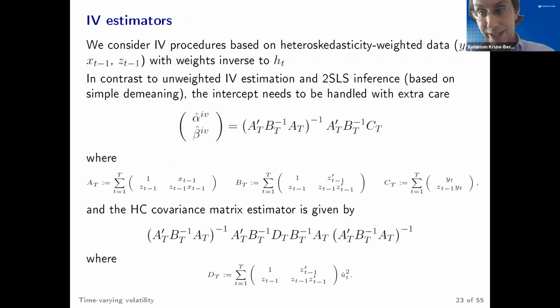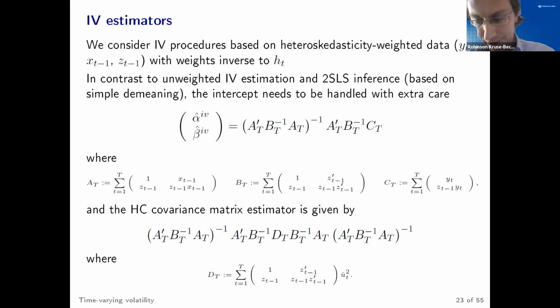Well, we come up with a modified version of the IVX estimator. I have to say that the handling of the intercept needs extra care. Before we just had demeaned objects. Here you cannot demean anymore in that simple fashion because the WLS, the 1 over H_t adjustment, also affects the intercept.